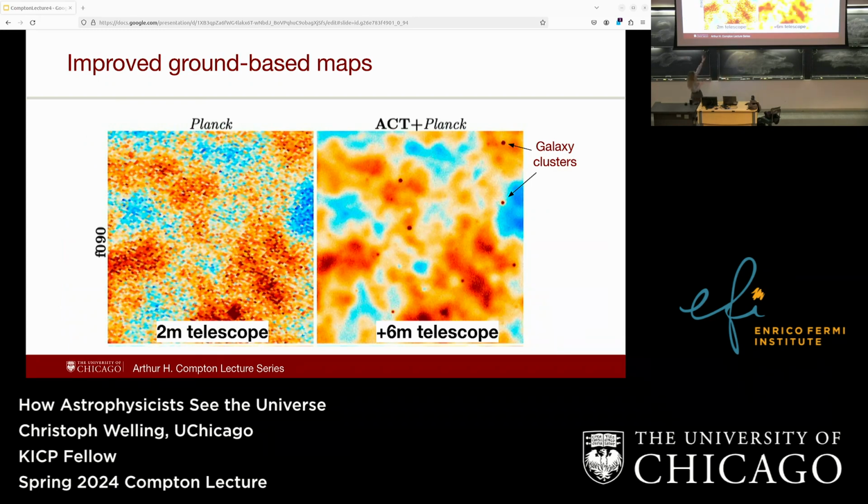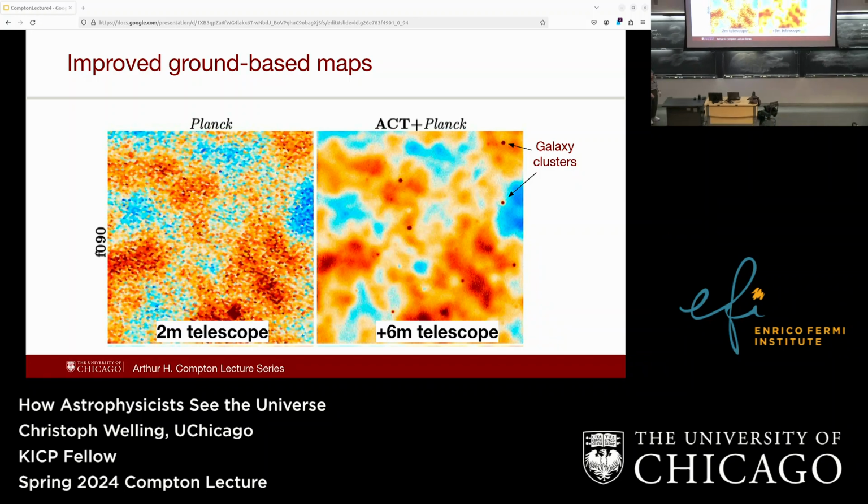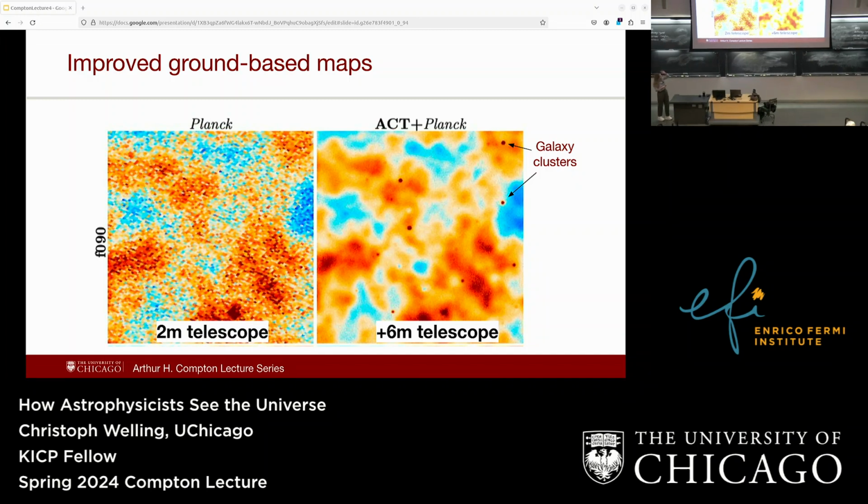So here is the Planck telescope, where we saw the full sky map, which looked super resolved. But when you blow it up and look really closely, you see that it's actually pretty noisy. There are a lot more speckles in it. That's characteristic of noise. Whereas if you look at it from a 6-meter telescope from Earth, we can see the smoothness of the CMB really come out.